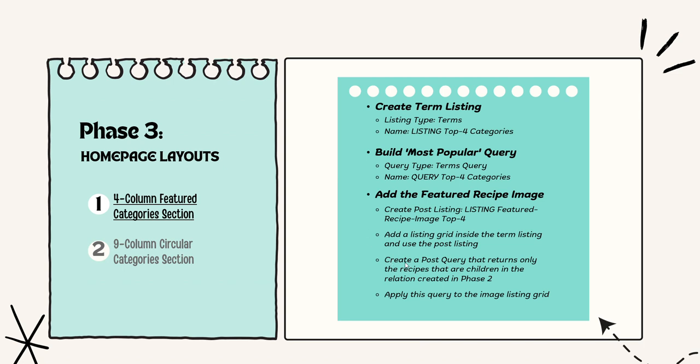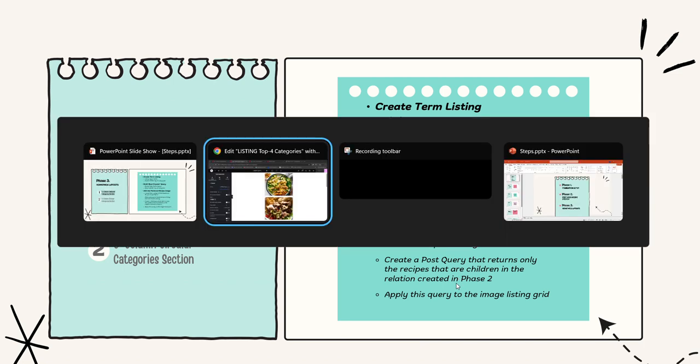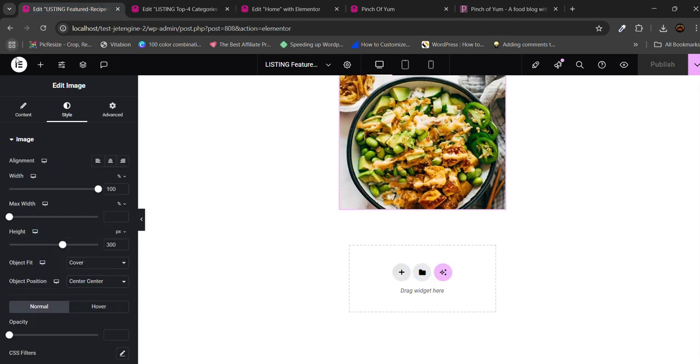We're going to create a post query that's going to return the recipes that are children in the relation that we created in phase 2. So let's see how it works. Let's get out of here.